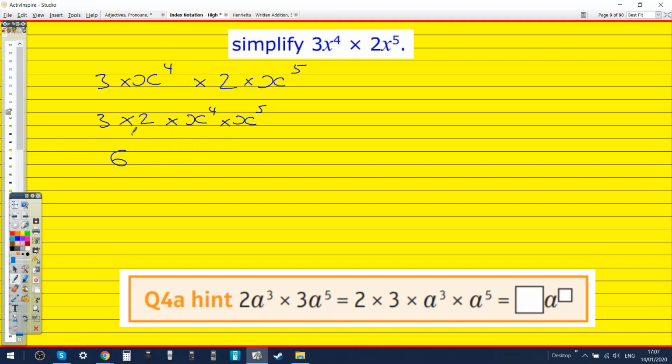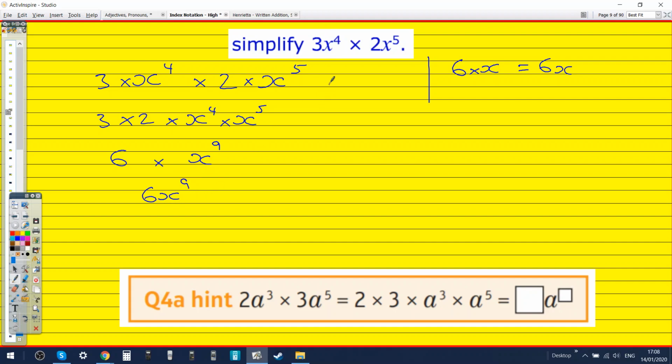Just a 6. So 3 times 2 is 6. And then how about these two? x to the 9. Yeah. And what is the short way of writing 6 times x? 6x. Yeah. And so what is the short way of writing 6 times x to the 9? 6x to the 9. Yes.